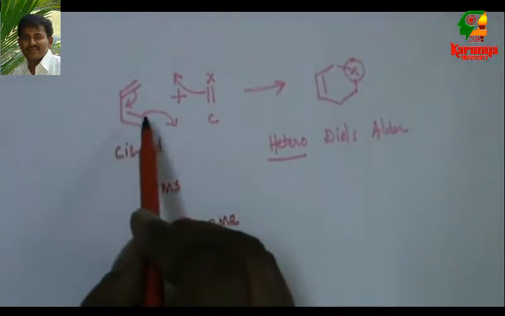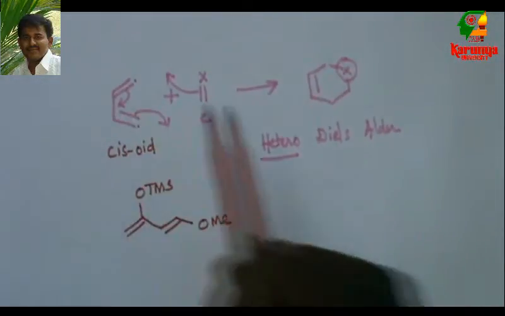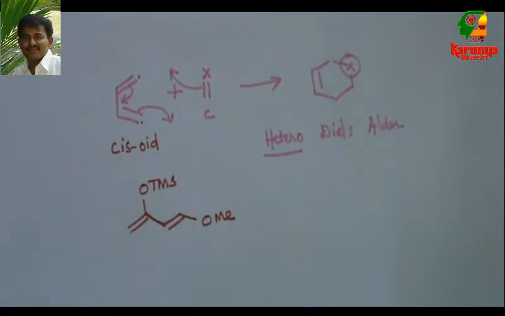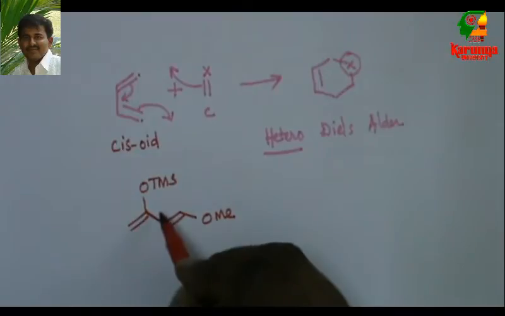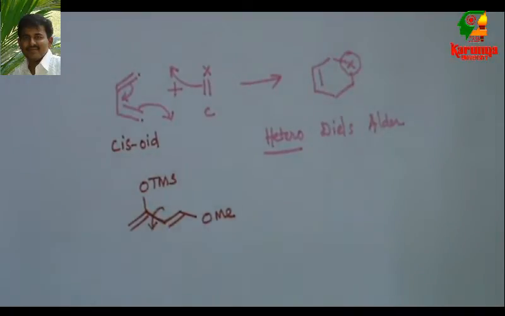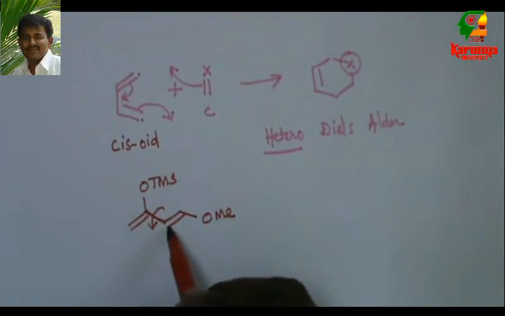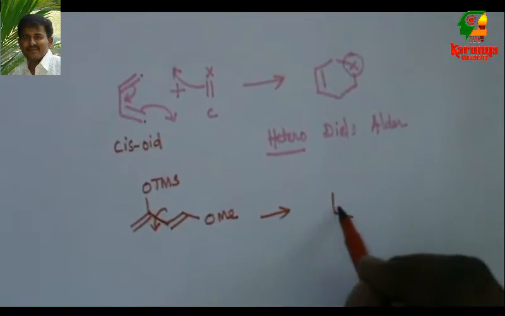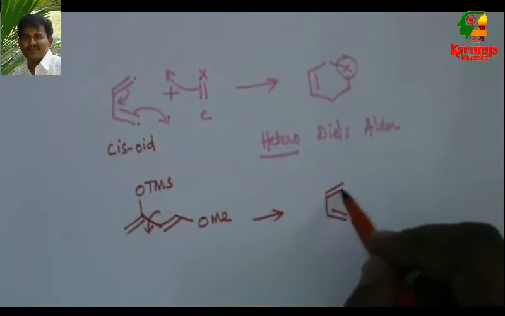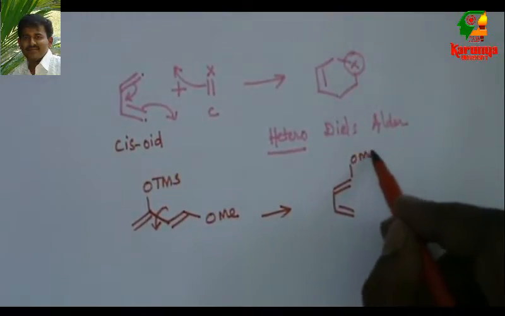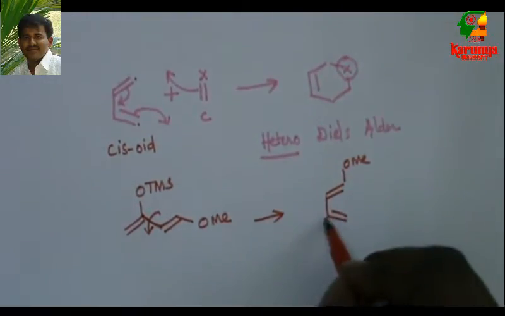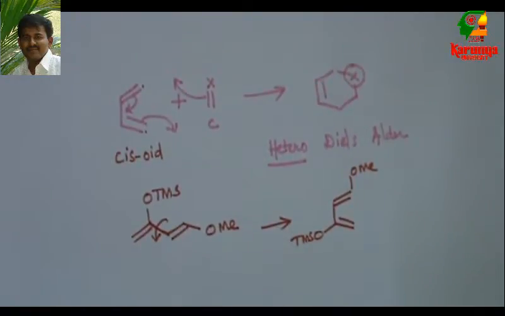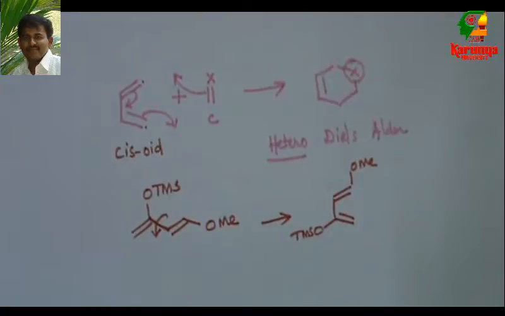Here they are facing in opposite directions, but it can be rotated through this carbon-carbon single bond to give the cisoid conformer. Since it is trans here, I have written trans OTMS. TMS is nothing but trimethylsilyl ether.